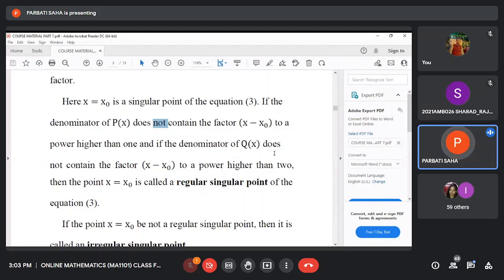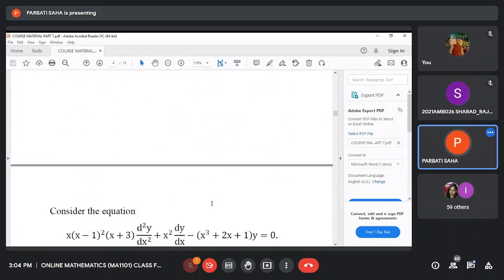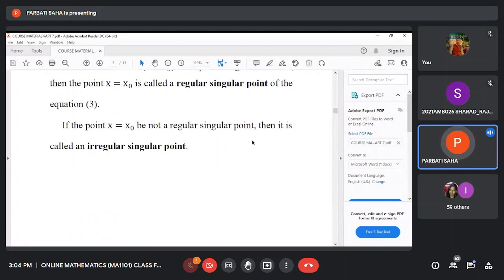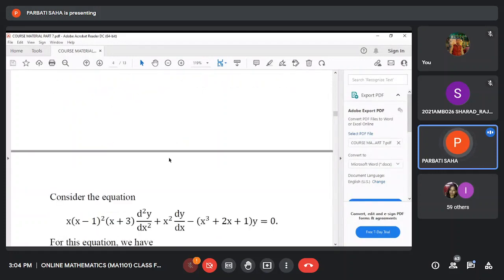Similarly, the denominator of q(x) does not contain the factor x minus x0 to a power higher than 2. That means the denominator of q(x) contains the factor x minus x0 to a power which is less than or equal to 2. In this case, we say x equals 0 is a regular singular point. And if it is not a regular singular point, then it is called an irregular singular point.